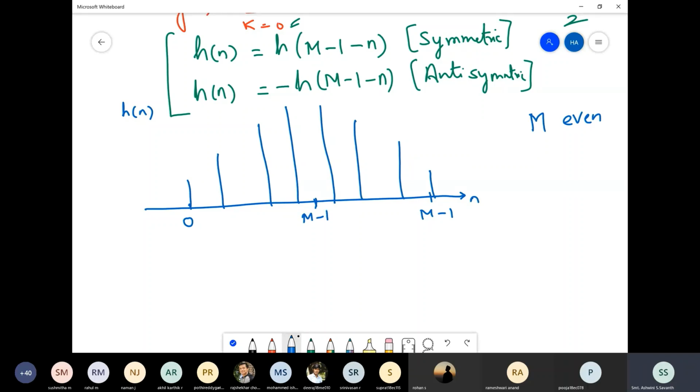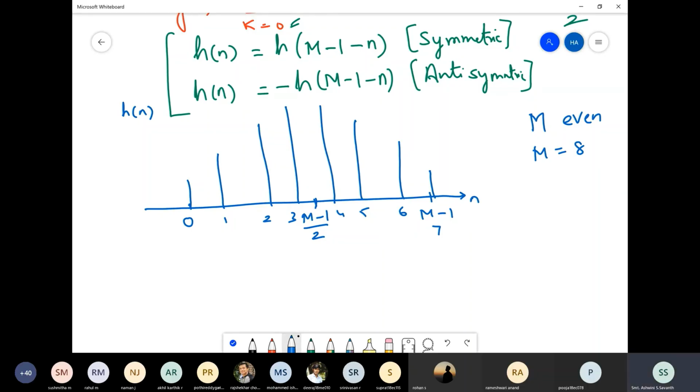M minus 1 by 2. We have 8 samples total here, so M is equal to 8: 0, 1, 2, 3, 4, 5, 6 and 7. That is how it is. So what is the midpoint of this?